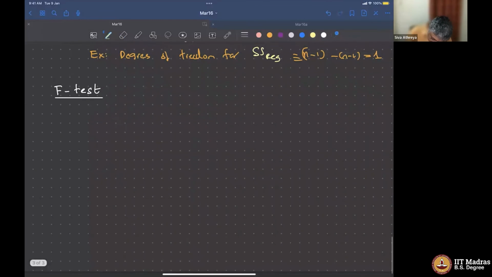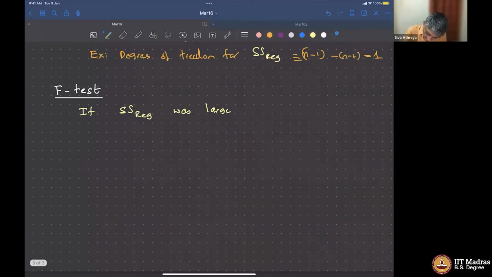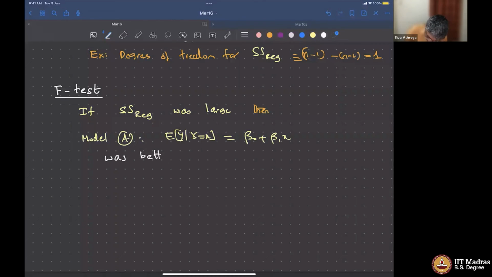If SS reg was large, that is, the difference between this one and this one was not the same, then the interpretation is that model A, that is E of y given x equal to x being beta naught plus beta 1 x, was better, whatever better means, or showed significant improvement over just the mean function.